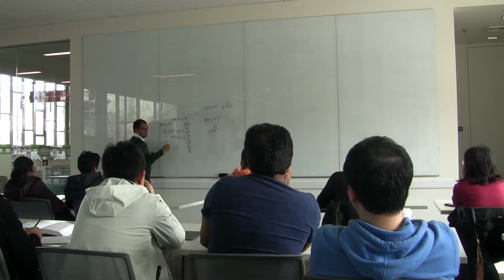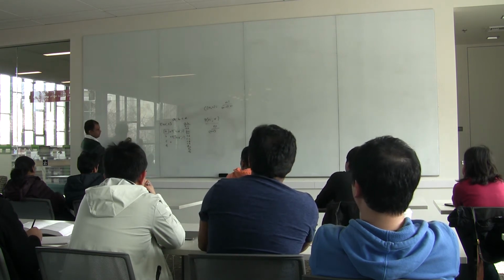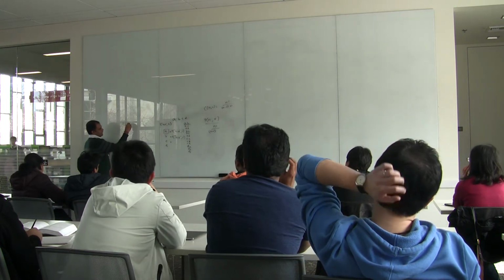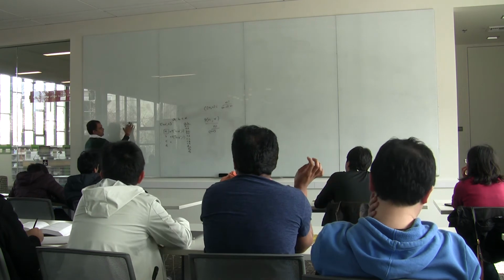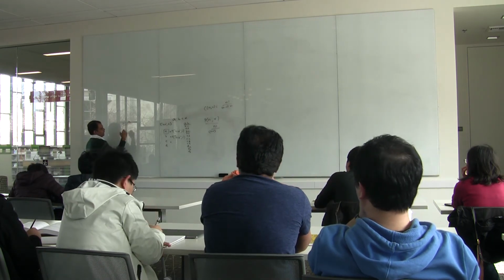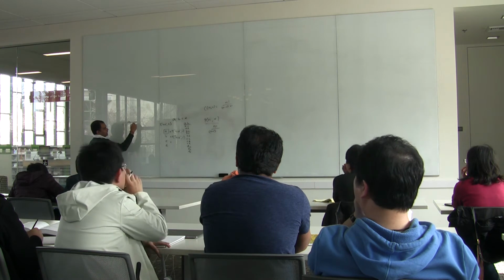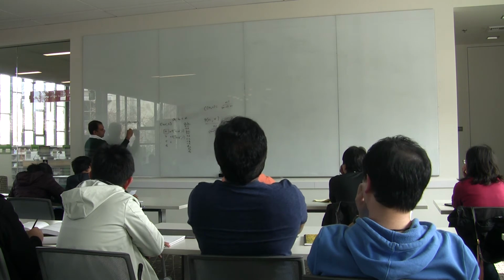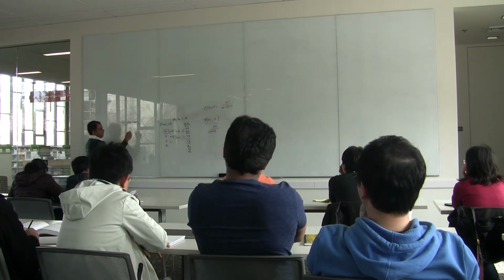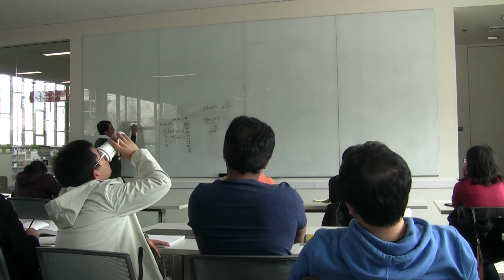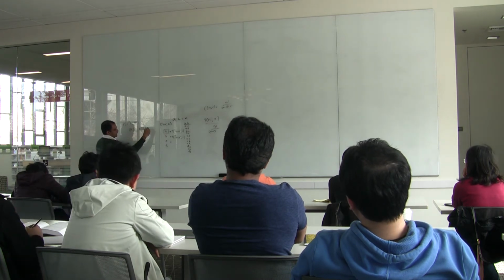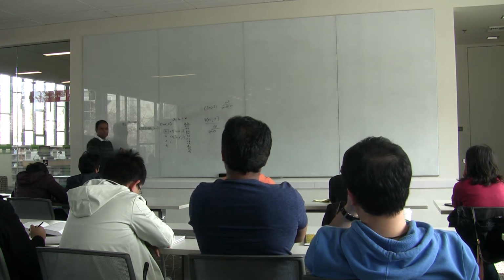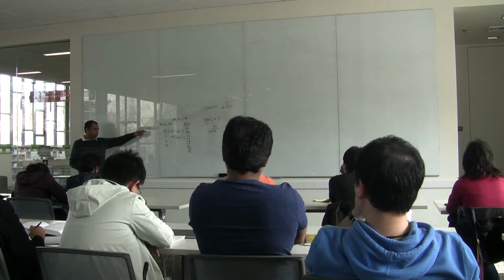So if I have a permutation of a collection of characters of size R, I'm going to take one element and permute the entire thing minus that element with R minus 1.